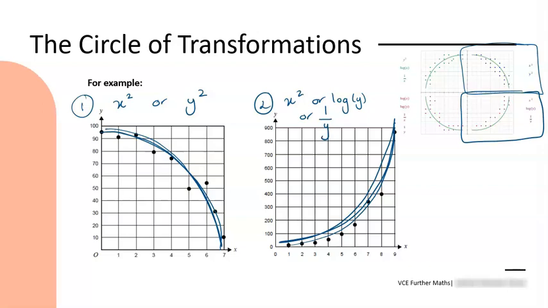With the reciprocal of y, I will note now that whenever we are applying a reciprocal transformation, it'll make very big numbers very, very small, but it'll have less of an impact on the smaller numbers.